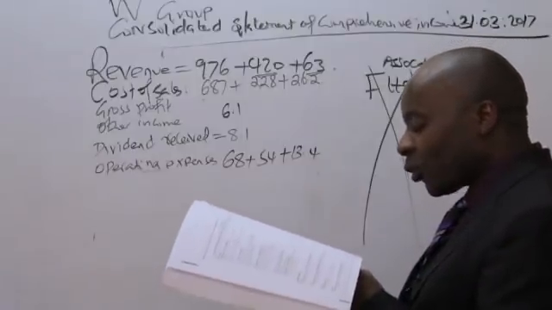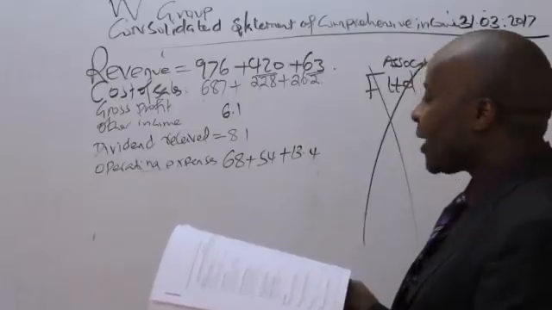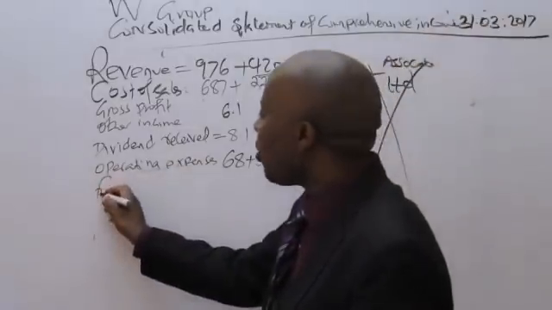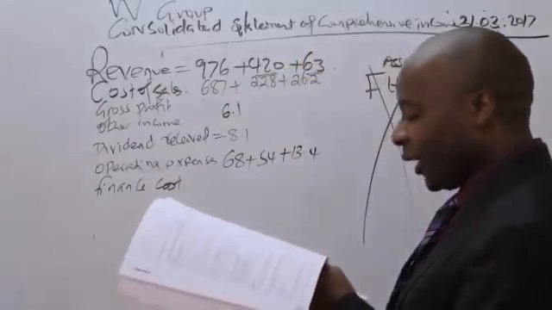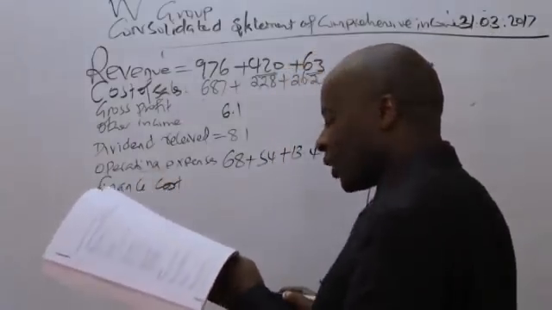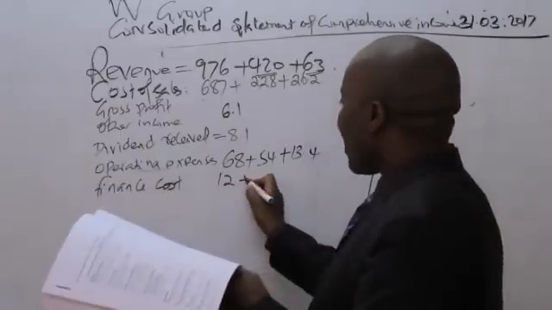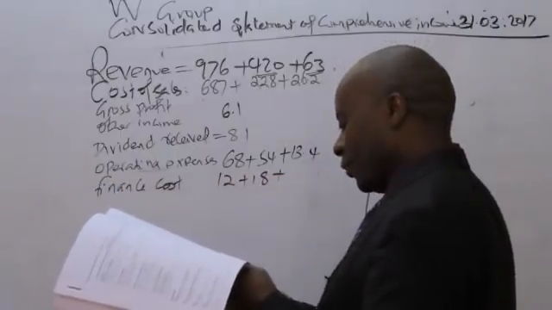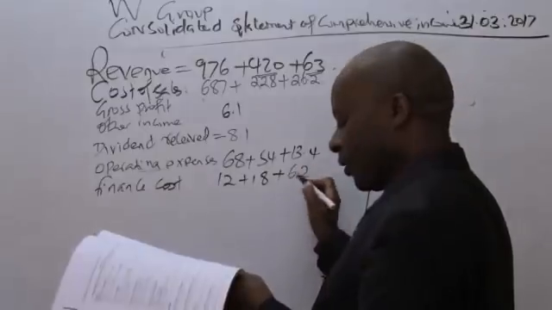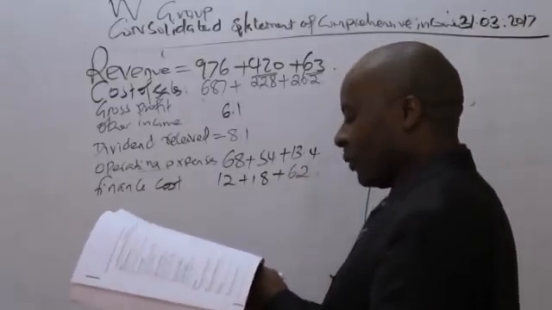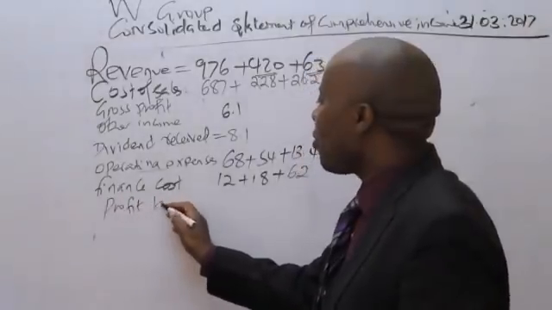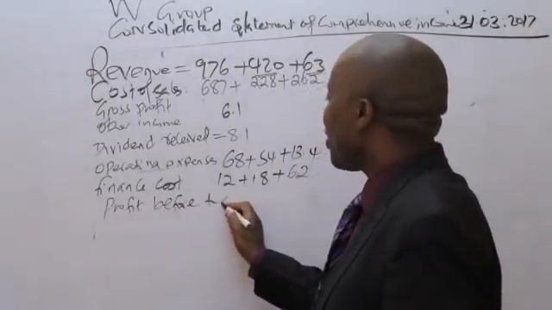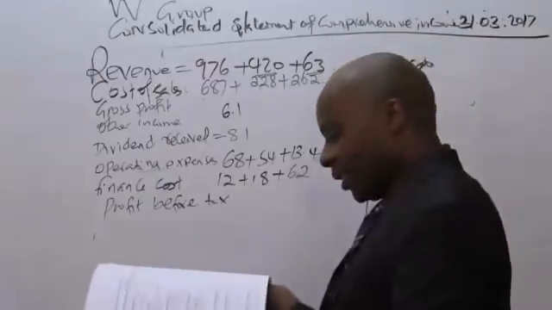From there, we go to the next thing, which is the finance cost. So finance cost, what do we have there? I'm consolidating. So finance cost, ladies and gentlemen, I have 12, I have 18, I have 6.2. From there, we have the profit before tax. This one, of course, I will need a calculator later.